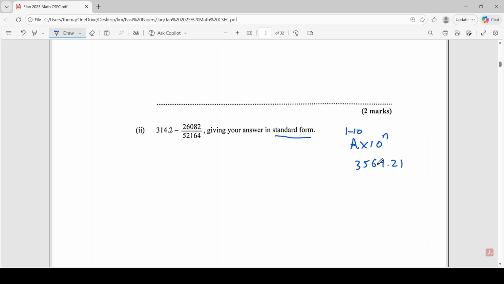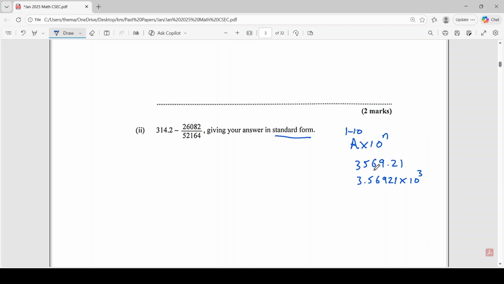If we move it to this position, that is 356. If we move it here, that is 35. If we move it here, that is 3.5. Right? So we could see we need to move it between the 3 and the 5. So that will be 3.56921 by 10. How many places we move it? 1, 2, 3 places. 10 to the power 3.